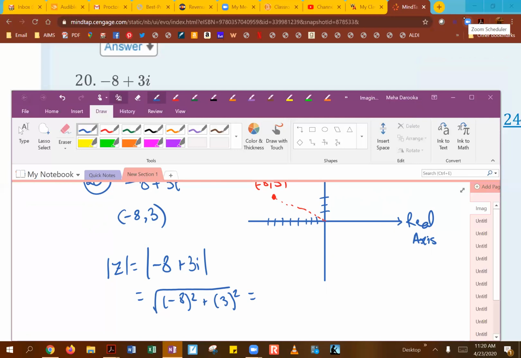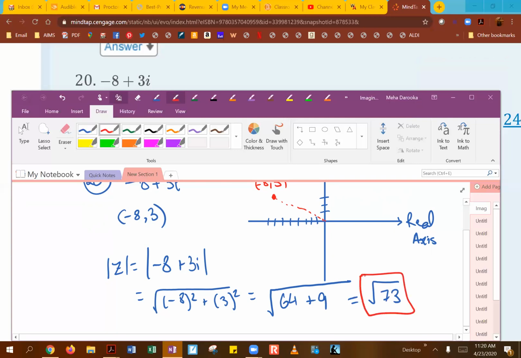Square root of 73, okay, so you will get 64 plus 9. All righty. Very good, nicely done. So you guys are okay on this? Yeah. Okay, very good.